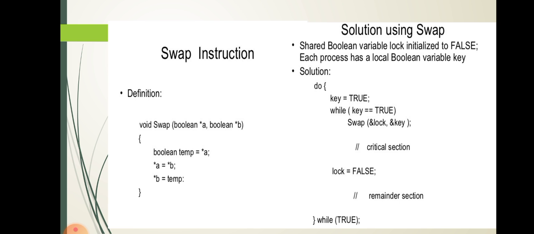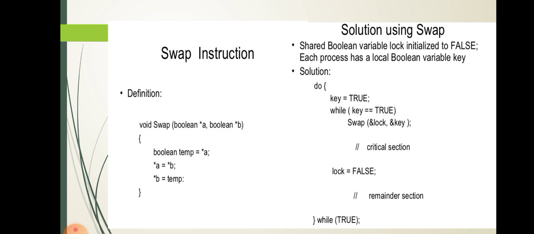Okay. The same thing in the do loop, after that key is equal to true. So key is now 1. While key is true, we have to swap lock and key. Whenever we call the swap function, it comes to the definition of swap, where we exchange the values of lock and key.